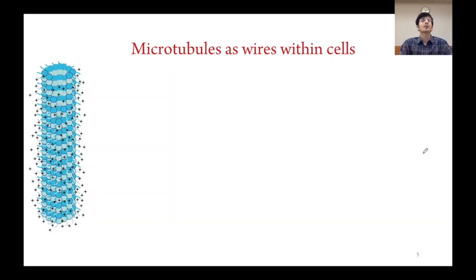Now, why would they act as wires within cells? That sounds like a very counterintuitive thing, right? Well, they would act as wires within cells because of their negative charge. Because of the negative charge, microtubules attract a family of counter ions to their outer surface. So these polymers have a coating of cations on their outer surface.